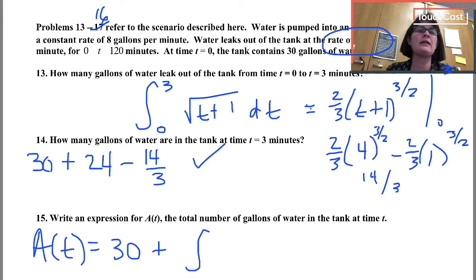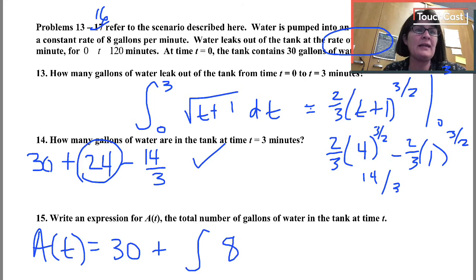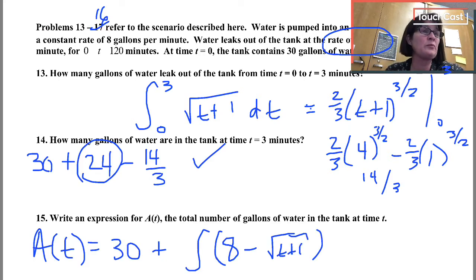here I like to integrate. This 24 came from us multiplying 8 gallons per minute times 3 minutes. You might also like to just think of, you have 2 things contributing to the rate at which the amount of water changes. There's how much is coming in, the rate is 8 in, minus the rate out is square root of t plus 1. And this is a most important problem from chapter 5 kind of question.